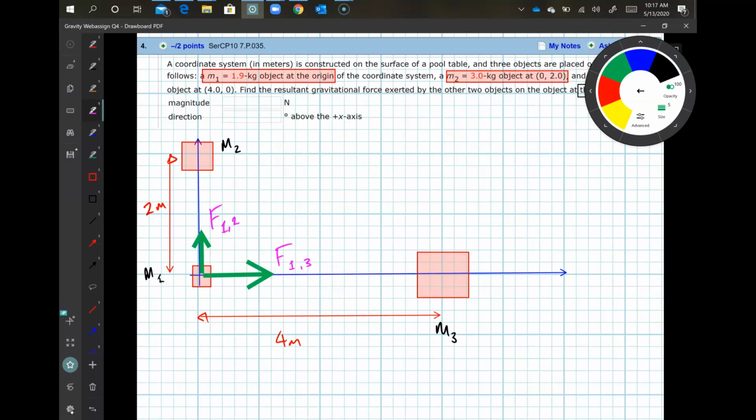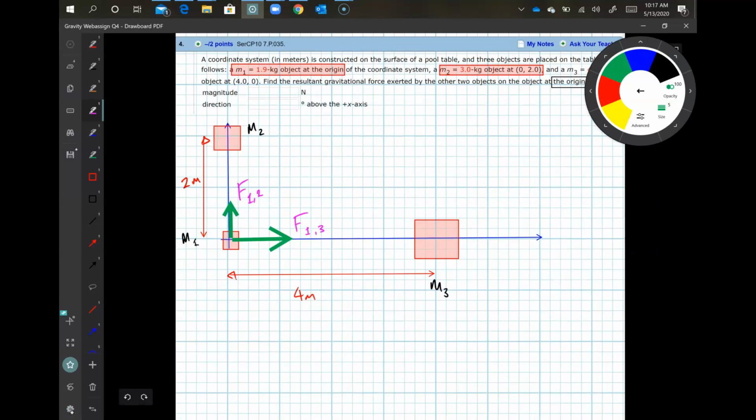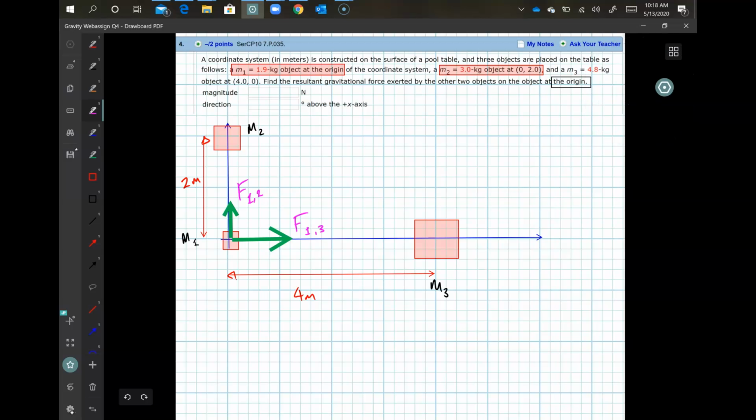So F1, 3. Okay. Now clearly once we found those 2, we're going to have a vector addition to do that's going to involve some trigonometry. And if you are not great at the trigonometry, then just follow the steps I do and don't worry too much about it. Just focus on understanding of the gravity at this point.